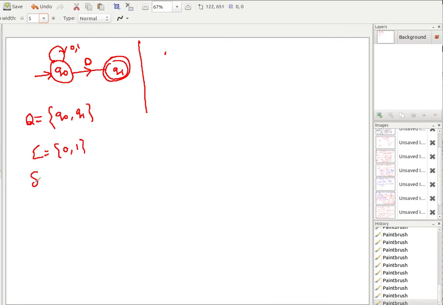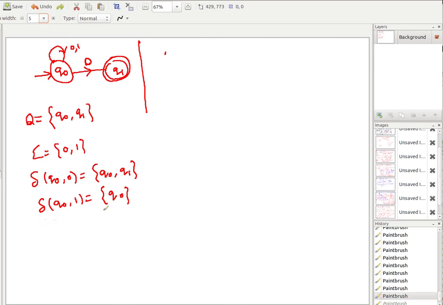What is the delta function? I think delta is already clear: delta at Q0 for 0 is Q0, Q1, and delta for Q0 at 1 is Q0 itself, and delta for Q1 is nothing, so you don't need to write that.